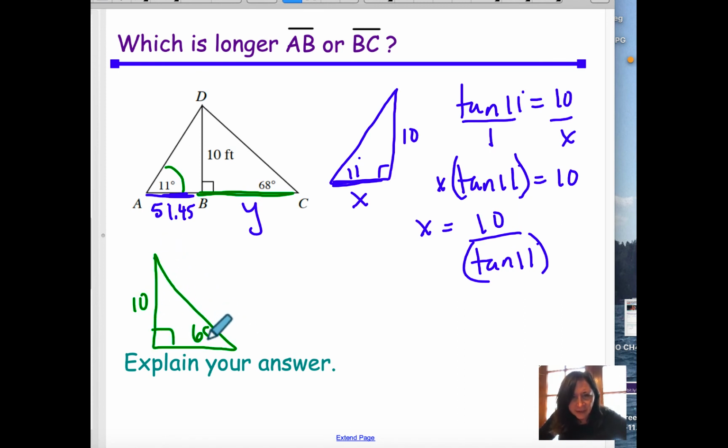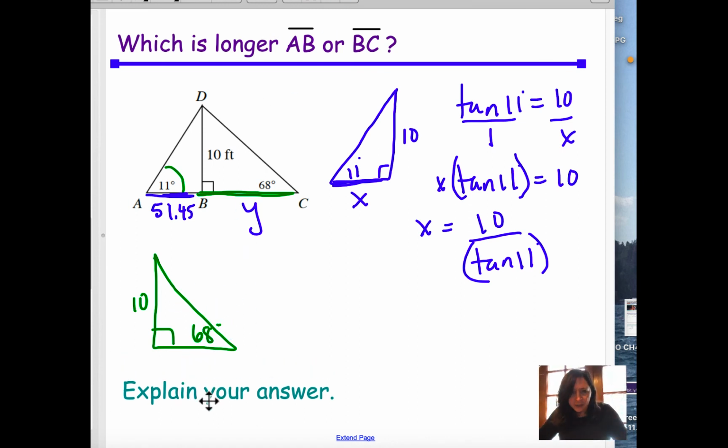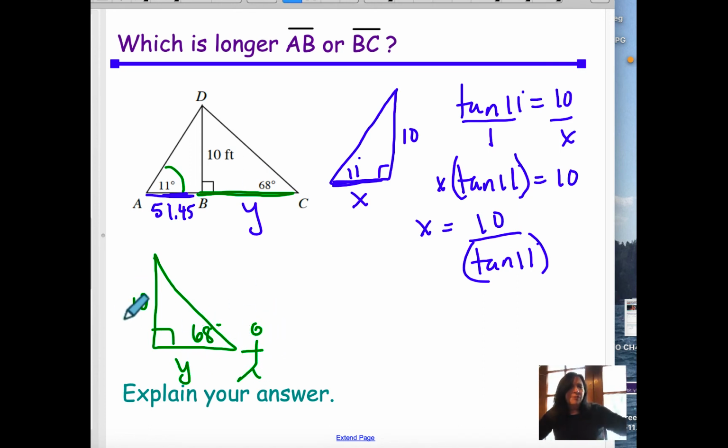If this is a bigger angle than 22 right here, I could have just not done any of this work and just said, hey, AB is across from the angle that's bigger, so AB has to be longer. That's just it. You're done. We did explain our answer, but that's actually all you had to do.